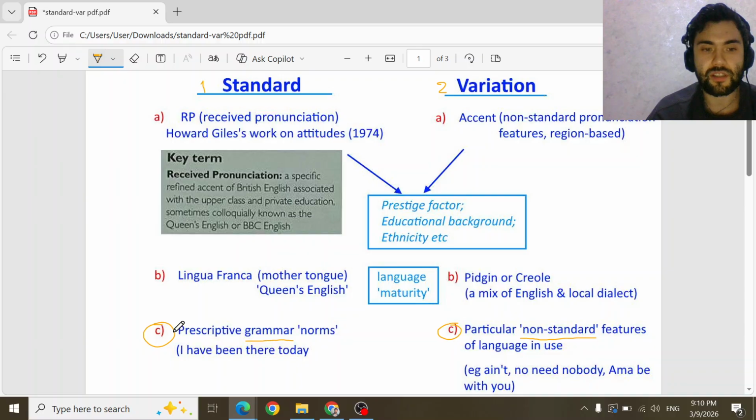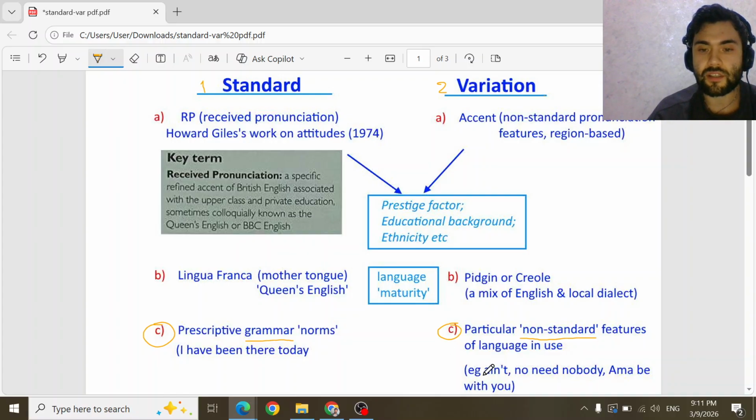And the C point here speaks about different non-standard features, which means that these features can appear at various language layers. You can watch the video in Unit 3 in order to understand the layers of the language when we speak about language as a system of these layers, an interconnected one.